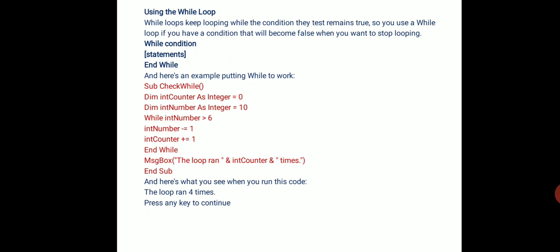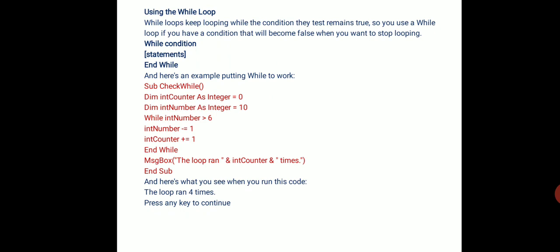Dim counter as integer equal to 0, Dim number as integer equal to 10. So two variables are declared as integer and initialized with the values counter equal to 0 and number equal to 10.